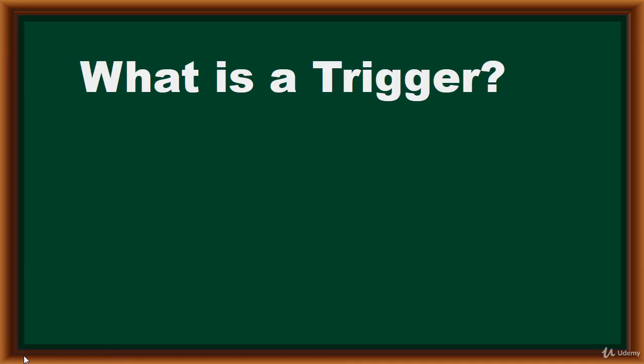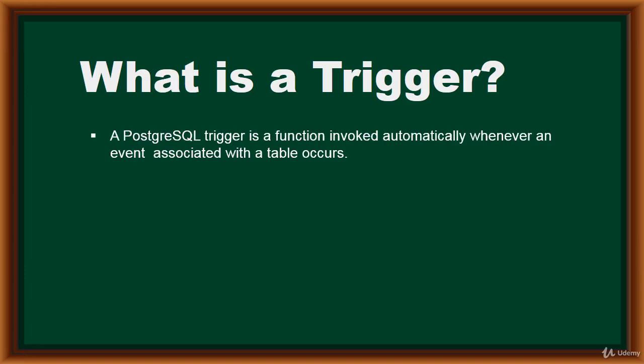A PostgreSQL trigger is a function invoked automatically when an event associated with a table occurs. So it is a function that automatically fires off when an event associated with a table occurs.